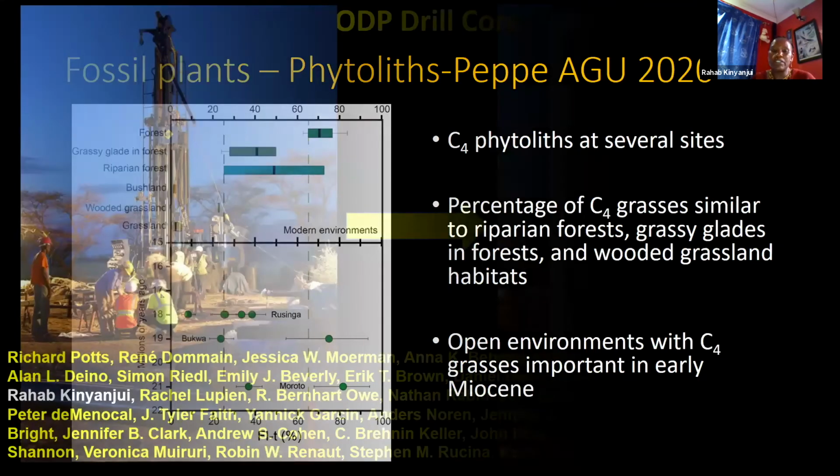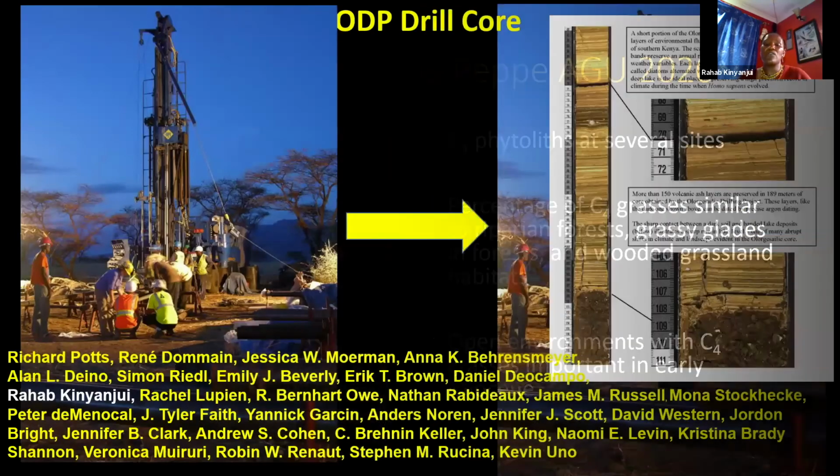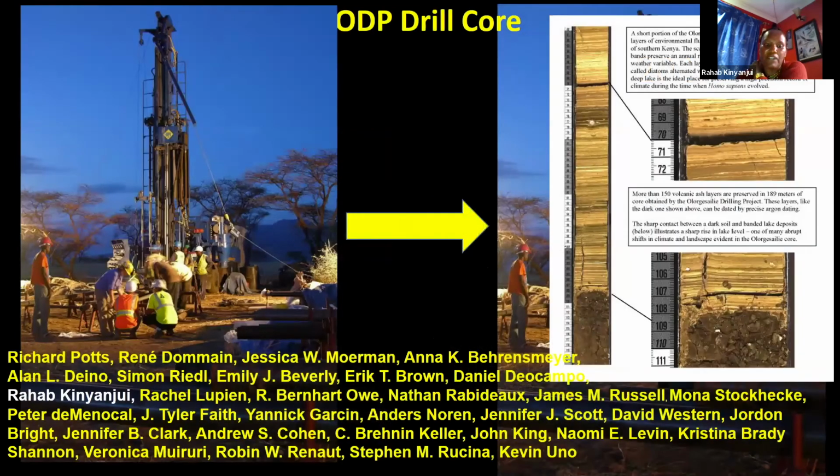The other project that has also been a success is the Olorgesailie drilling project. Personally, before working with the ecology team, we had analyzed and studied phytoliths from the basin outcrops, outcrops related to certain findings like zebra and the extinction of certain animals and large herbivores, and also a site where they had found a skull of a hominin, Homo erectus.